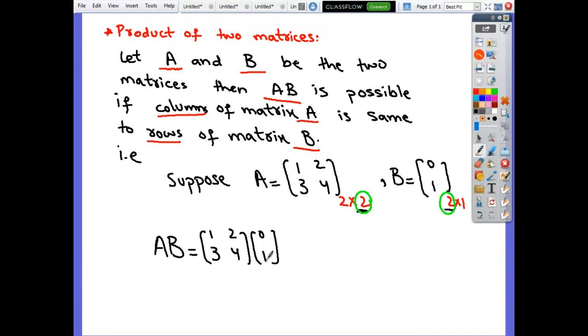Now we multiply these two matrices in a way that the first row is multiplied with the column. We multiply the first element 1 with 0, there is an addition sign in between them, and the second element 2 with 1.